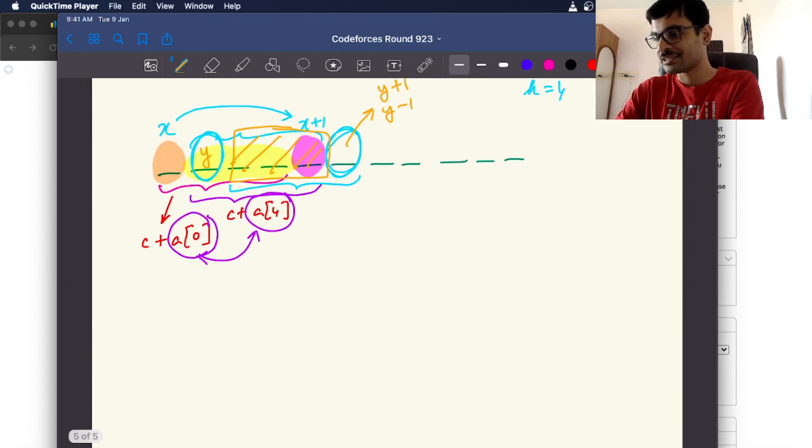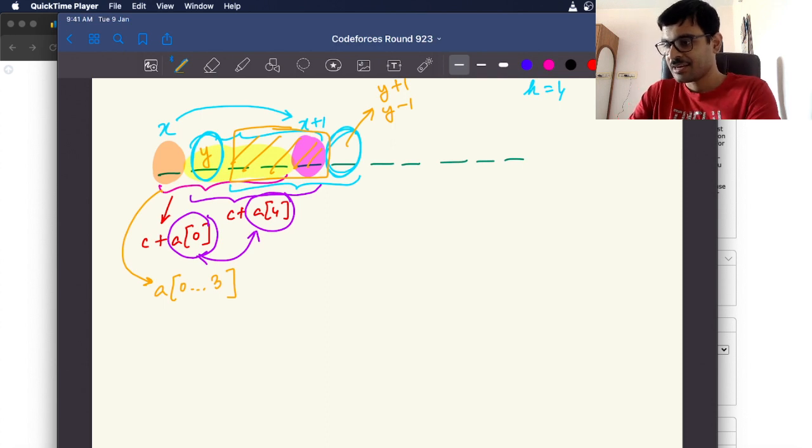If you look at this guy, from a of 0 to 3, that is this pink line. And if I look at this last blue thing, this is a of 2 to 5, from 2 to 5.